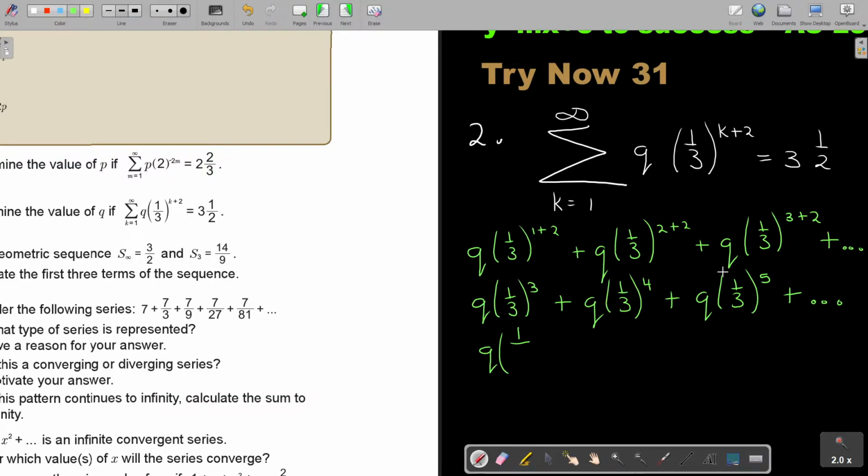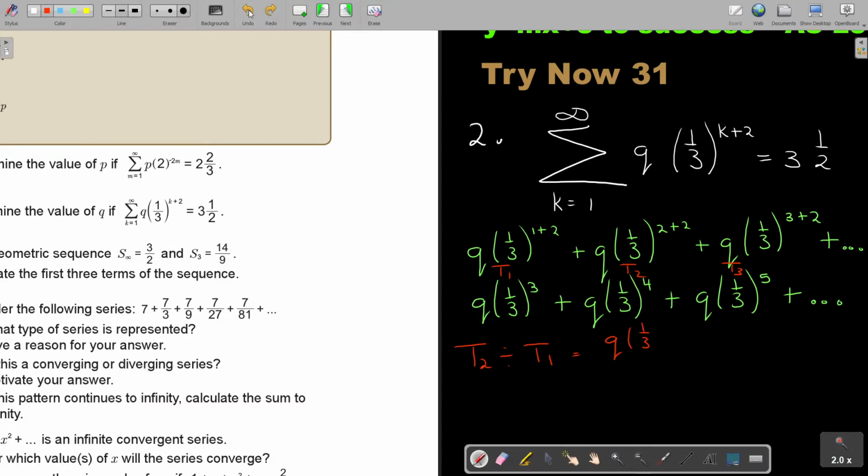I'm first going to leave it like that. I think it's going to be easier to find the value of r. So let's say this is term 1, term 2, term 3. If I say term 2 divided by term 1, I'm going to get q(1/3)^4.